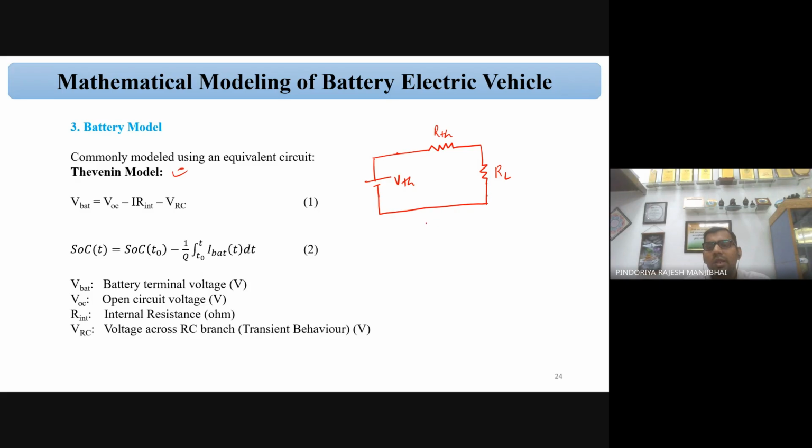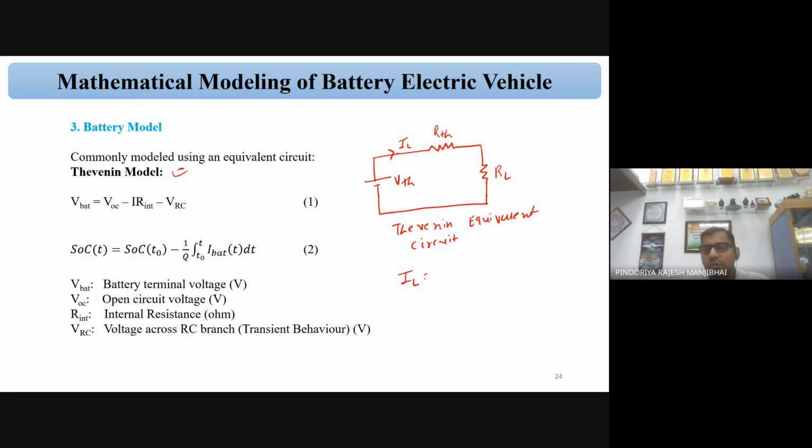So this is the Thevenin equivalent circuit, and we have to find out the current. There is IL, the load current. So how much is the load current?